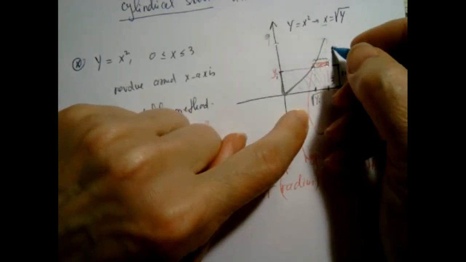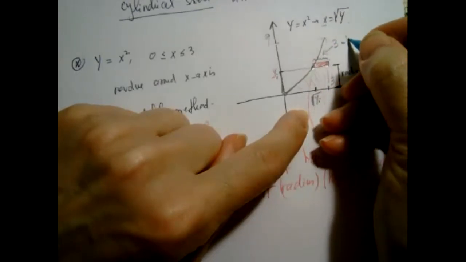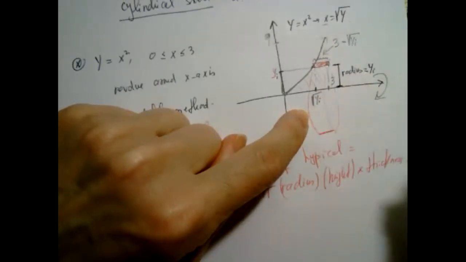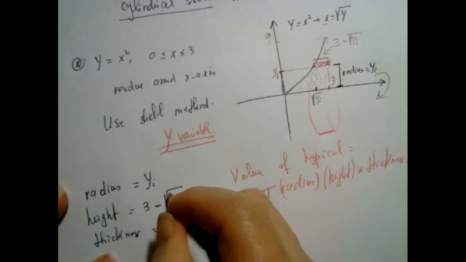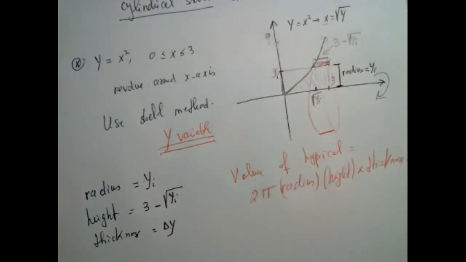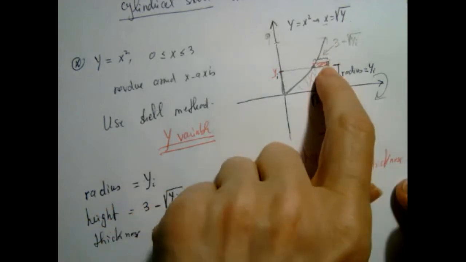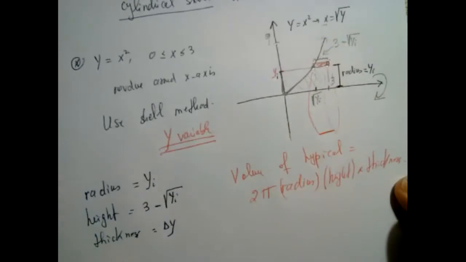So this is the right value minus the left value. So it's going to be 3 minus the square root of y, the right minus the left. Because we wanted rotation around the x-axis, my slice has to be parallel to the x-axis, and everything in terms of y.